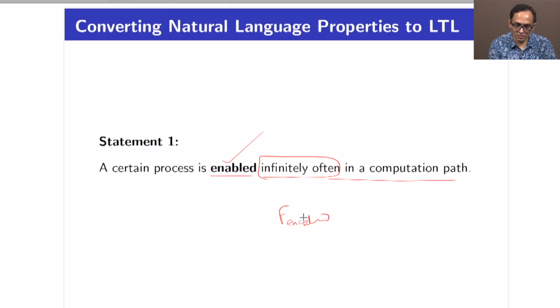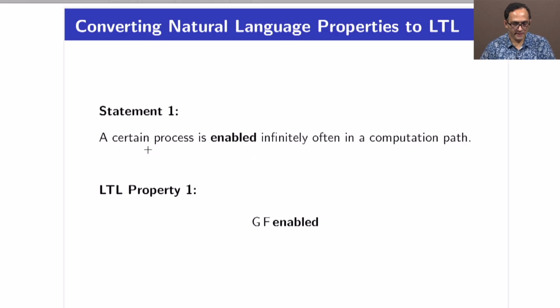But I am saying this is going to happen infinitely often, so no matter where you are, you will get another future state where enabled will happen. So this should happen globally. If I encode this sentence, it is GF enabled: globally, in future, enabled is going to happen. So that is infinitely often, okay?